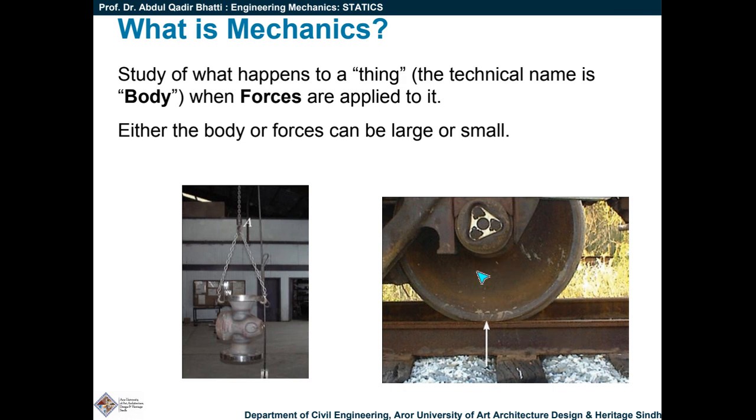This wheel will transfer the load on the track, so this is the force, and it will also be created by the weight carried by the crane, lifting crane. This wheel has a force which will be transferred to the railway track, and then it will go to the soil.